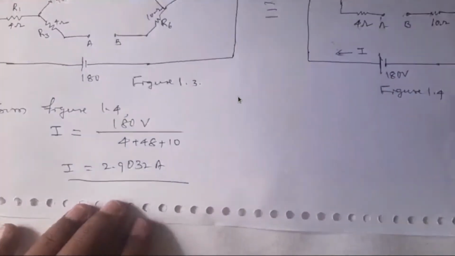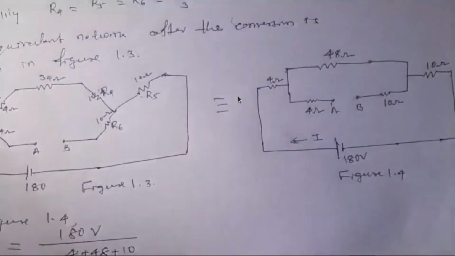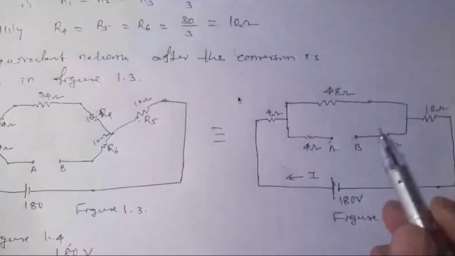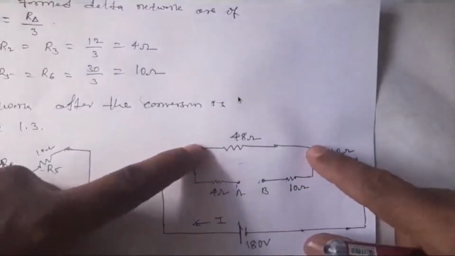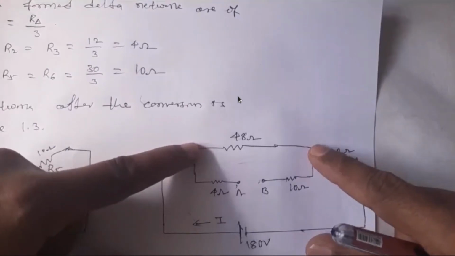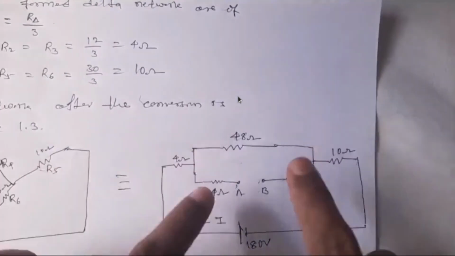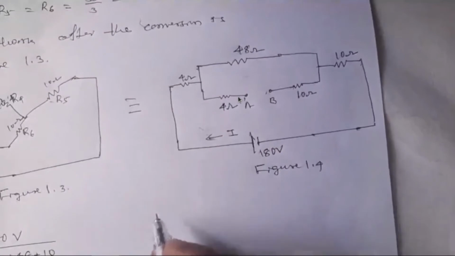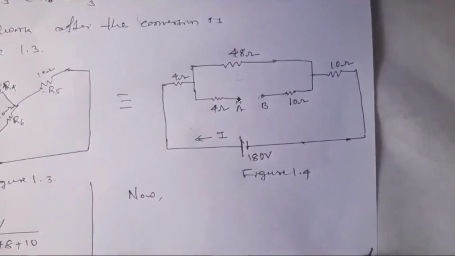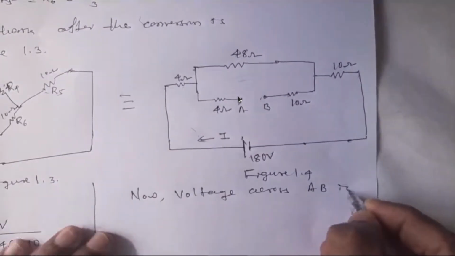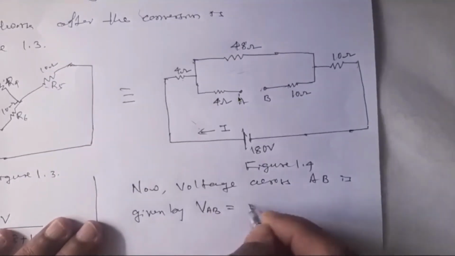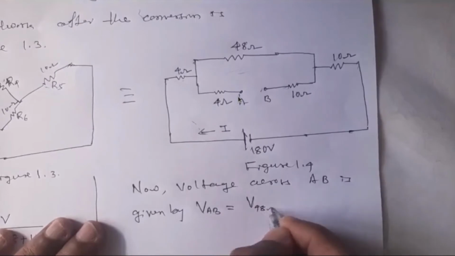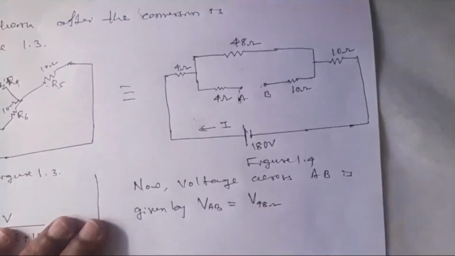Okay, but dear students, we are supposed to find VTH. So what is the necessity to find I? Because once I find I, I'll find the voltage across this 48 ohm resistor, and voltage across this 48 ohm resistor is nothing but your VTH. So now voltage across AB is given by VAB, and that VAB is equal to voltage across 48 ohm, V48 ohm.